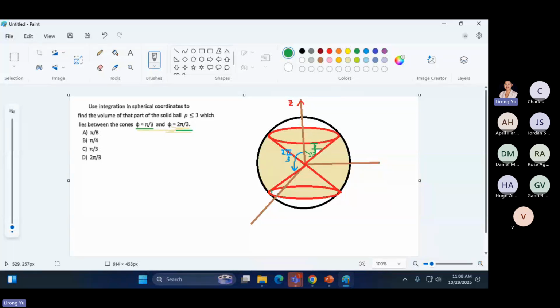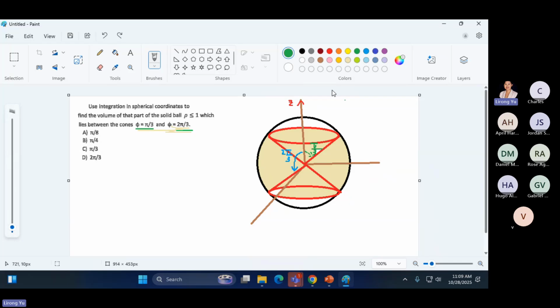The top cone has pi over 3, and the bottom cone has 2 pi over 3. Therefore the top part and the bottom part do not belong to the volume that we calculate. So for this question, pi over 3 and 2 pi over 3 will be the integration limits for phi.